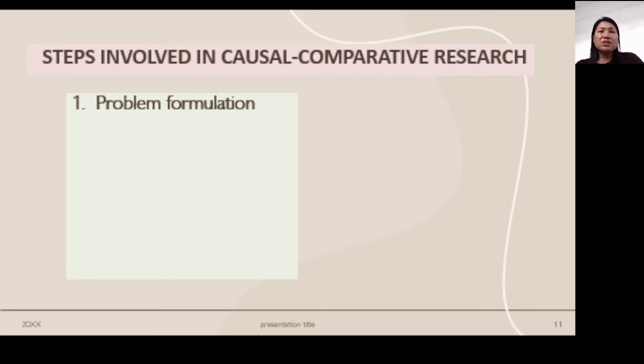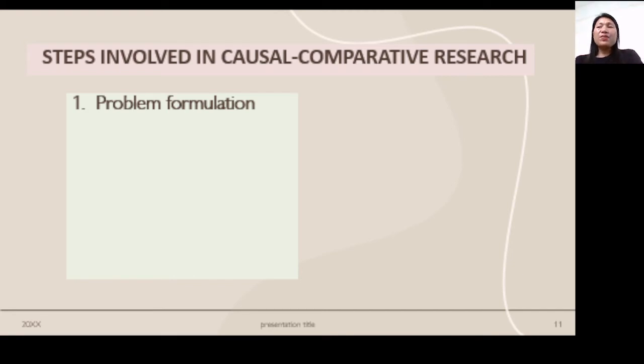And then the researcher considers possible causes or consequences of this phenomena. Once possible causes of the phenomena have been identified, they are incorporated into a more precise statement of the research problem that the researcher wishes to investigate.